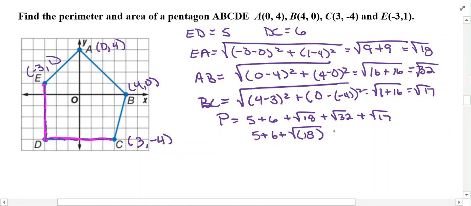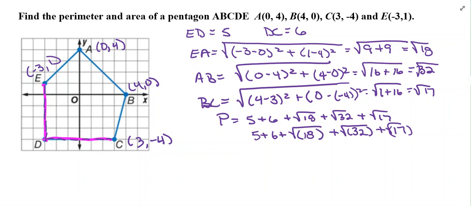You need to remember to add the parentheses, the same with the root of 32 and the root of 17. Calculators can give you exact answers now, so there's less error, and you take the rounded answer at the very end. So here, I have the perimeter is approximately 25.0 units.